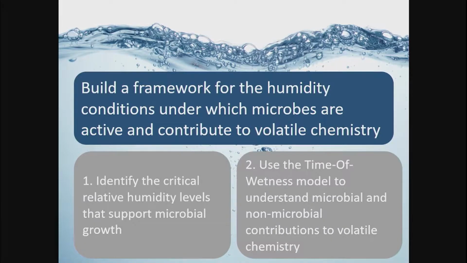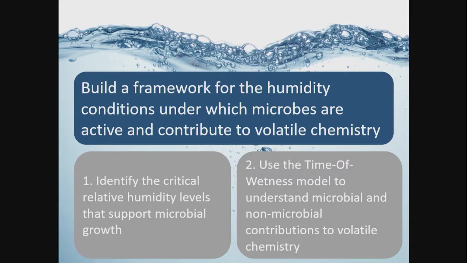But most of our homes are not designed to be wet. So what we wanted to do is move to areas that are not intentionally wet. And we wanted to build a framework for the relative humidity conditions under which microbes are active and contribute to volatile chemistry. And I'll talk about two aspects of that work that's ongoing.